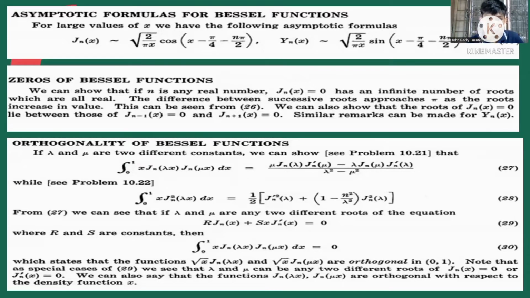And yung other niya is yung Y sub n of x is approximately square root of 2 over pi x sine of (x minus pi over 4 minus n pi over 2). Dito naman tayo sa zeros of Bessel function.